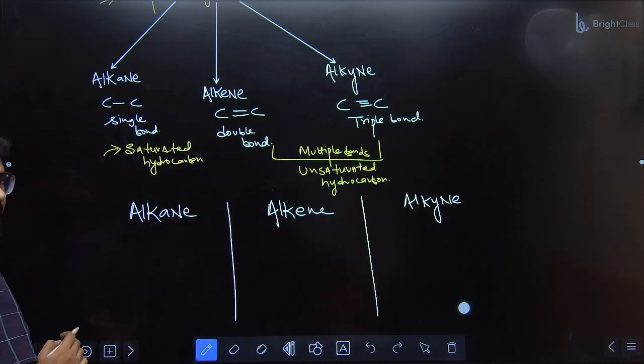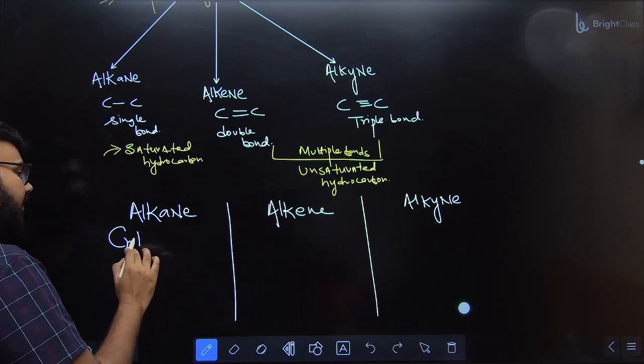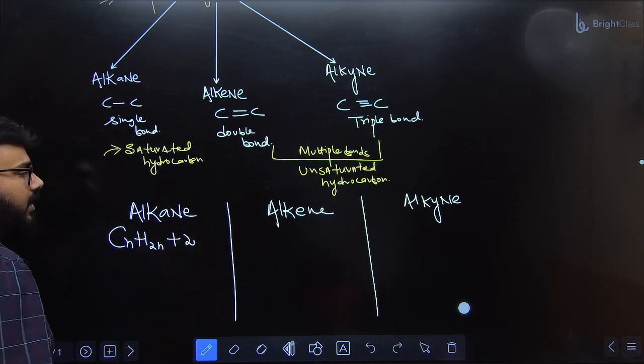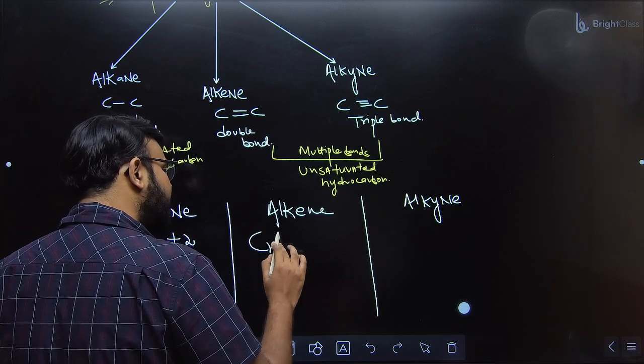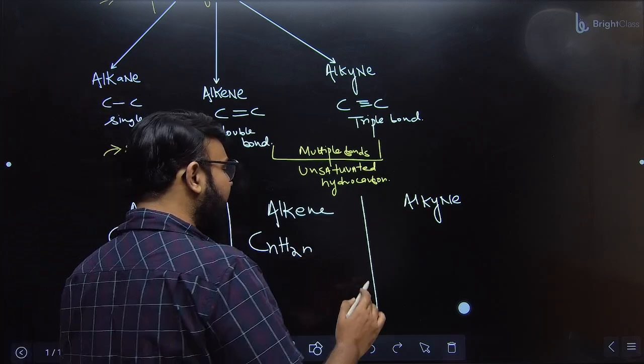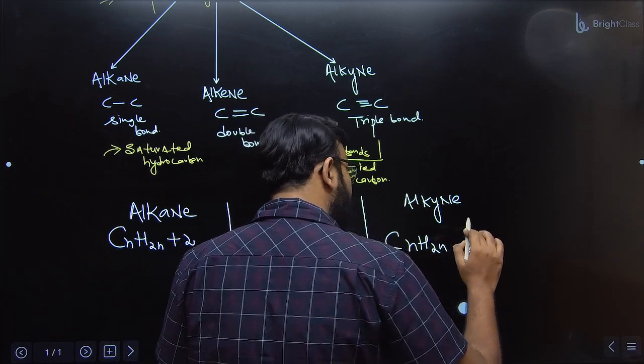Alkane is written as CnH2n+2, alkene is CnH2n, and alkyne is CnH2n-2. Very good.